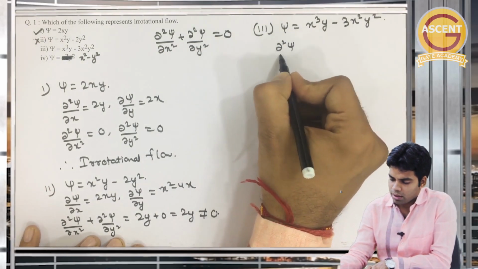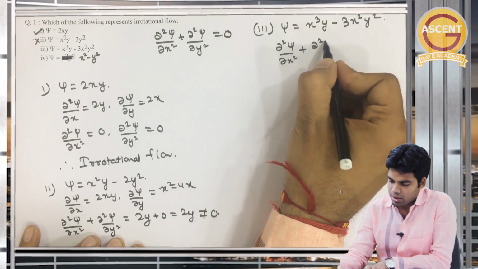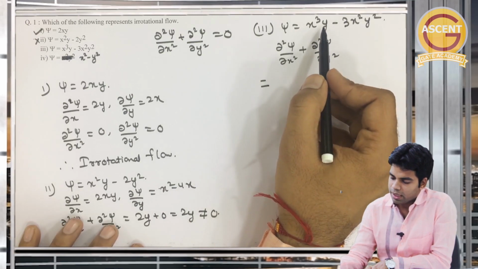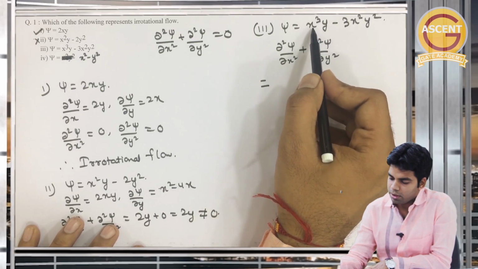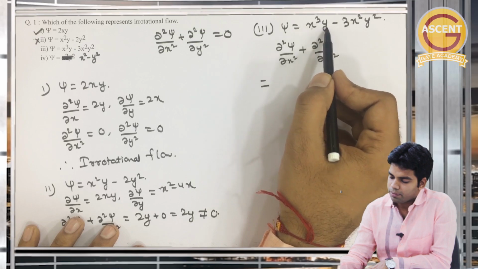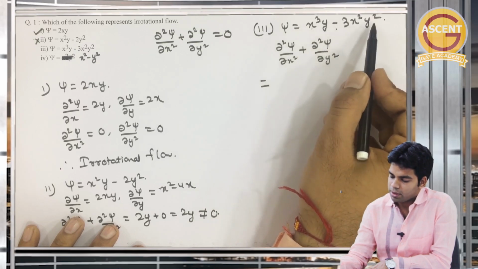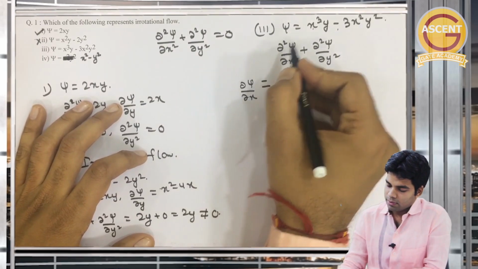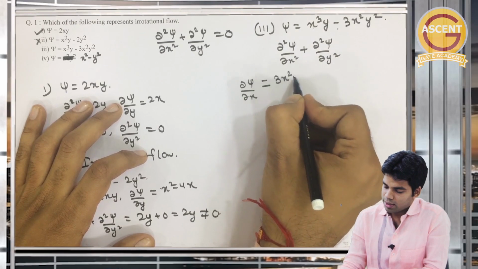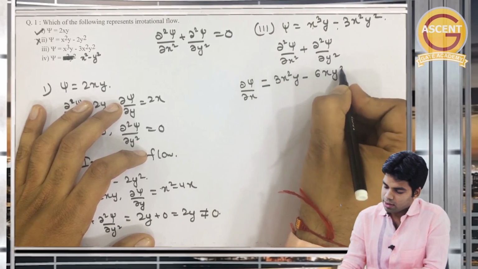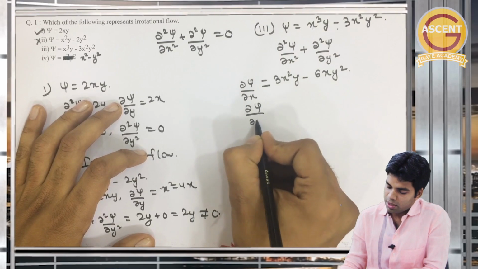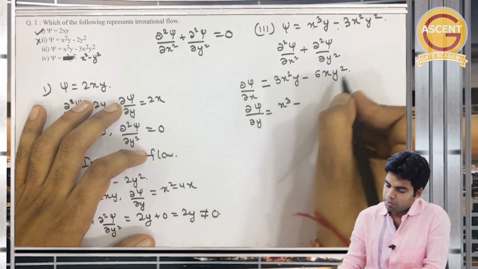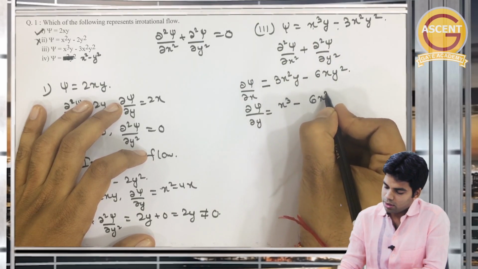Del 2 psi by del x square plus del 2 psi by del y square: del psi by del x is equal to 3x square y minus 6x y square, del psi by del y is equal to x cube minus 6x square y.